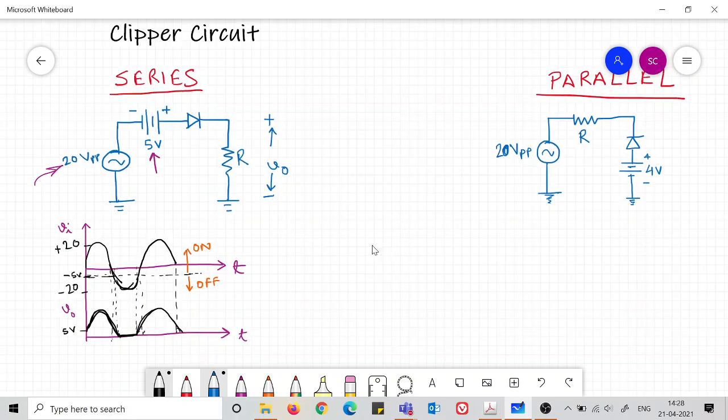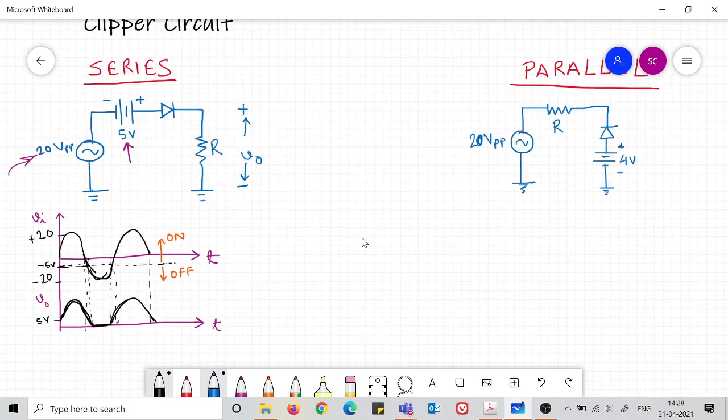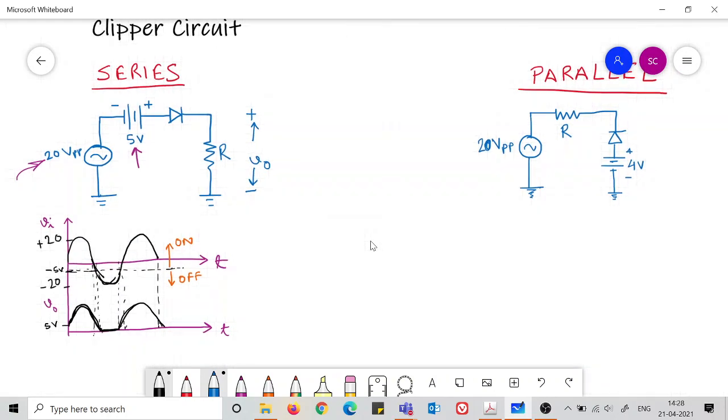So in this way, in the generic way only, you need to analyze each and every different clipper circuit that you will be given to solve. Okay, you cannot have a ready solution for each and every clipper circuit. You have to see the circuit and you have to analyze. But why are we doing this analysis exercise?